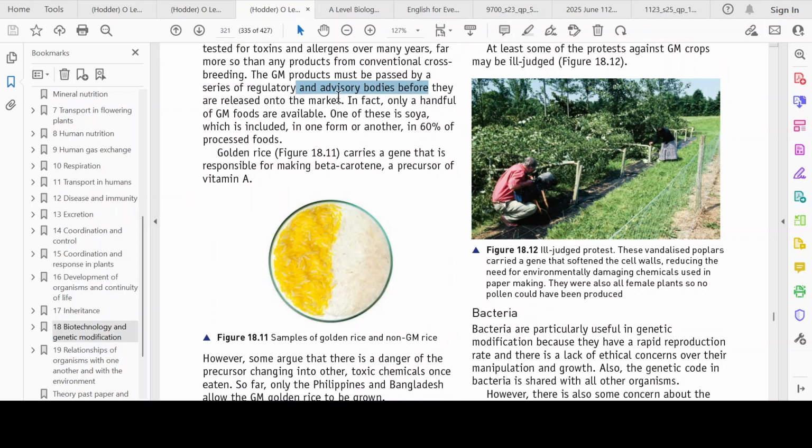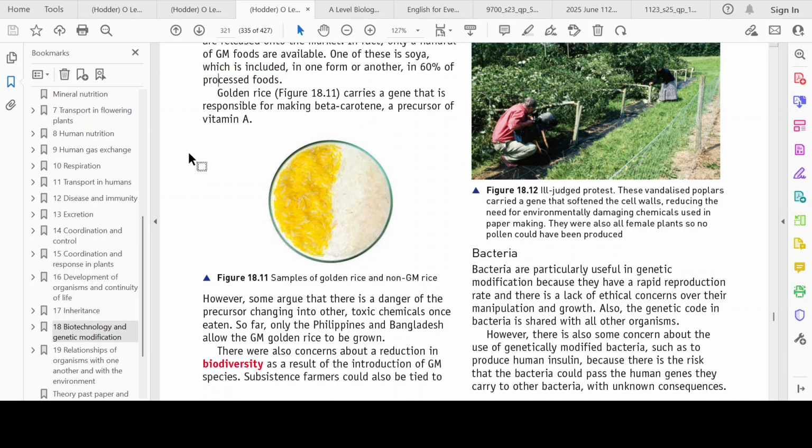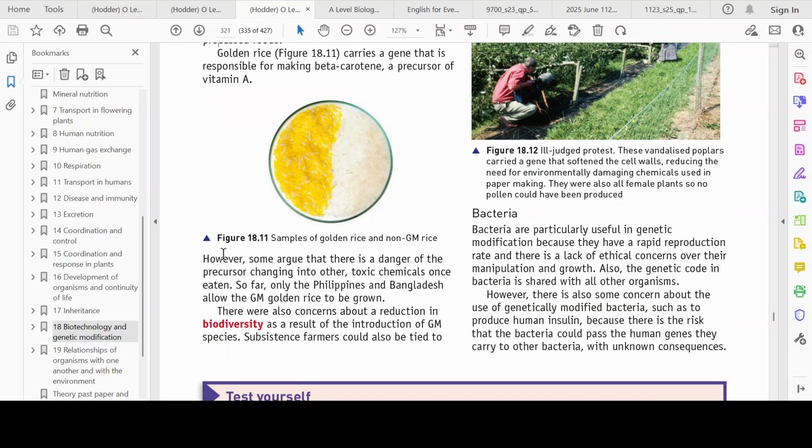And right before they're released onto the market, in fact, only a handful of GM foods are available. One of these is soya, which is included in one form or the other in 60% of processed foods. Golden rice, right? Again, beta carotene, all of that.